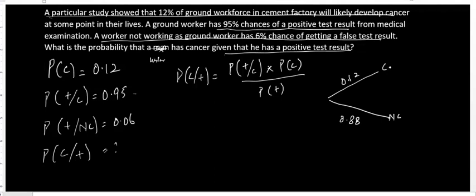Among this 12%, 95% of the people will get a positive result, and the leftover 5% will get the negative result.